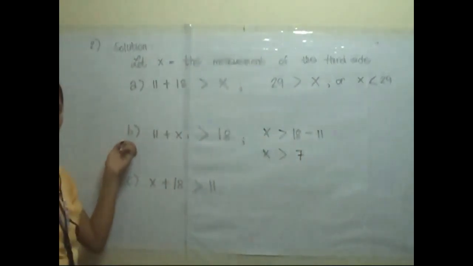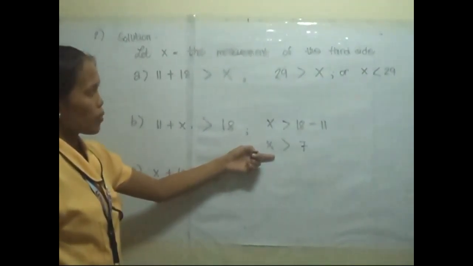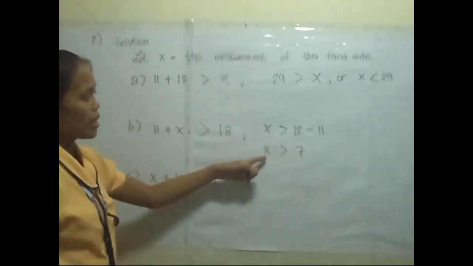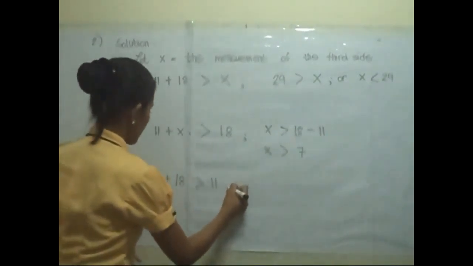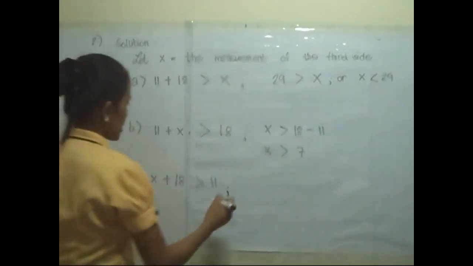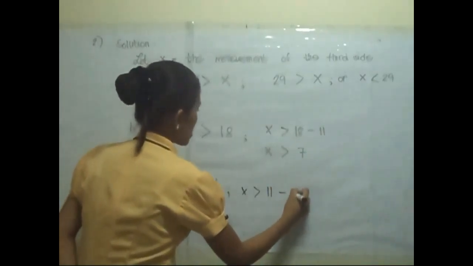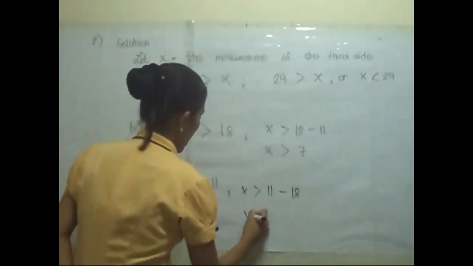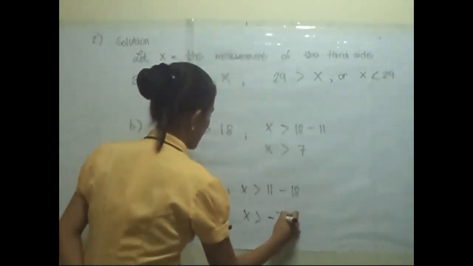So in inequality letter B, we have come up with the measurement of the third side, x, must be greater than 7. And then lastly, x plus 18 is greater than 11. So x is greater than 11 minus 18. So x must be greater than negative 7.